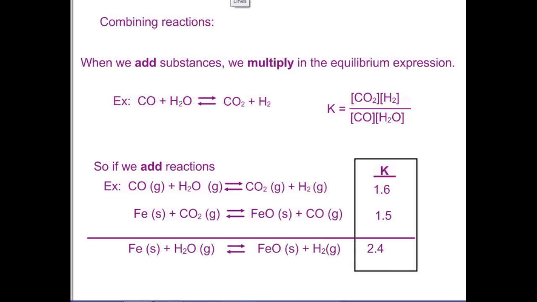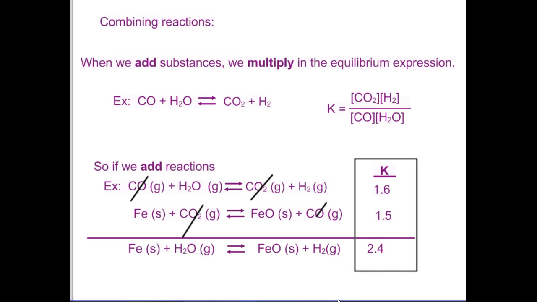So if I add these equations together and cross off what's the same on both sides, we get rid of the CO, we get rid of the CO2, and we can see that iron and water make iron 2 oxide and hydrogen gas. K expression for one and the other, multiply them to get the third.